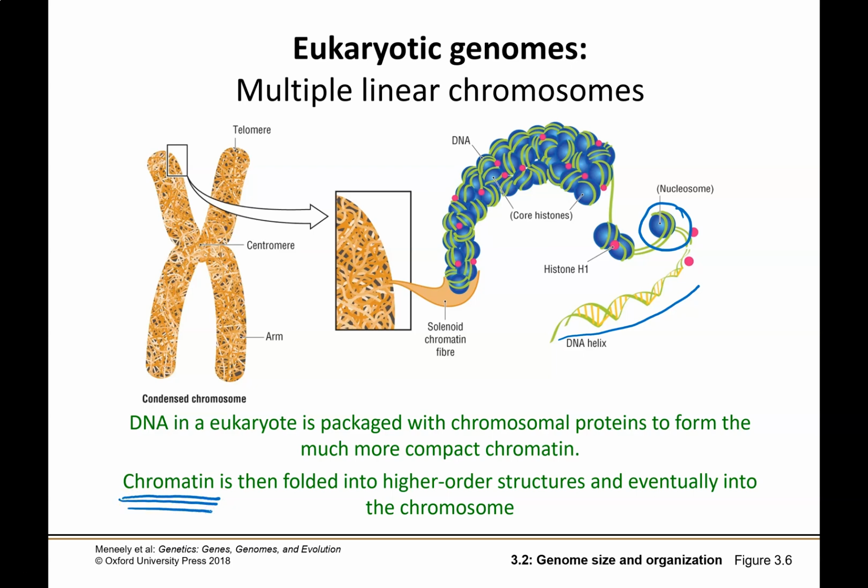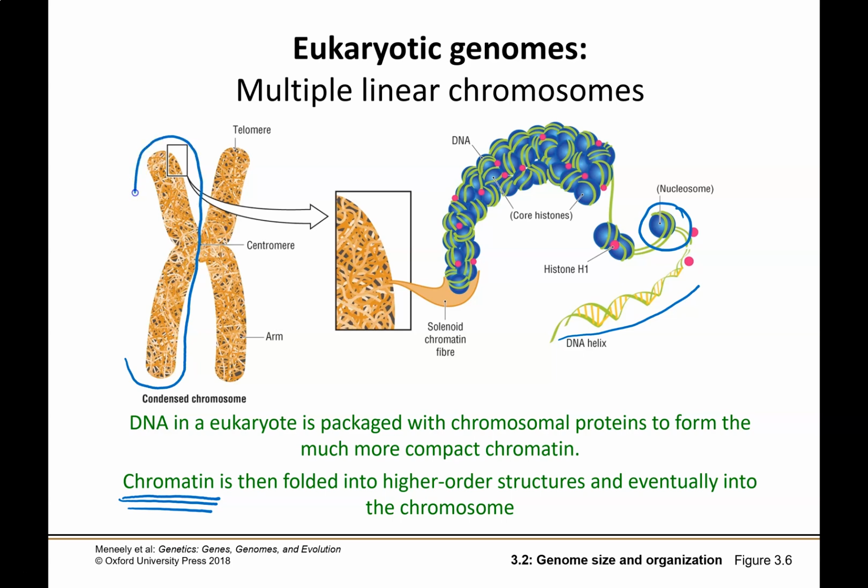So in order to get all of the genetic information that we have in our cells to fit, we have to sort of pack it in really tightly, and we do this using special proteins. Before we get to that, let's talk about the overall structure of the eukaryotic chromosome first. I'm going to talk about this in more detail in just a minute.